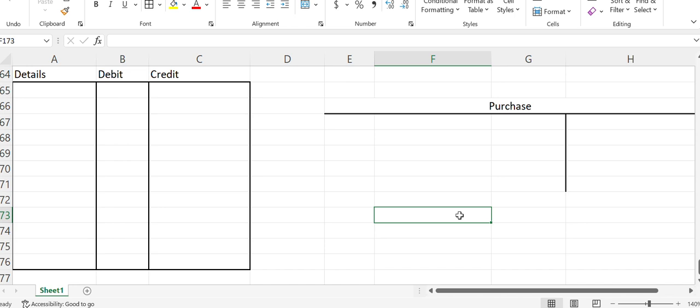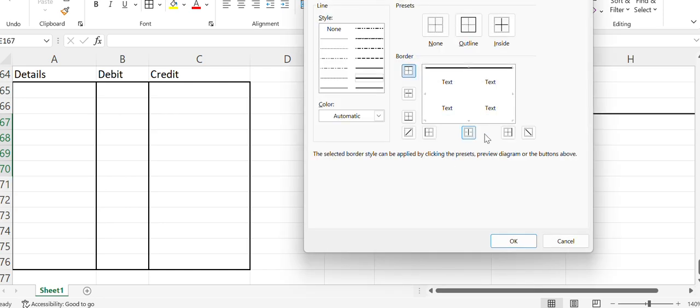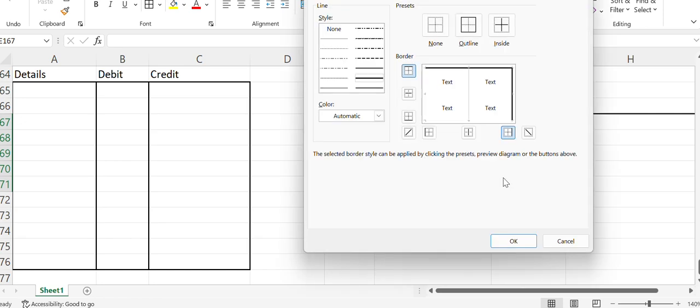Errors that do not affect the trial balance, which we said are not supposed to be adjusted in the suspense account, are in the form of the six that we discussed. The error of commission, error of principle, those types of errors do not affect the trial balance, okay?